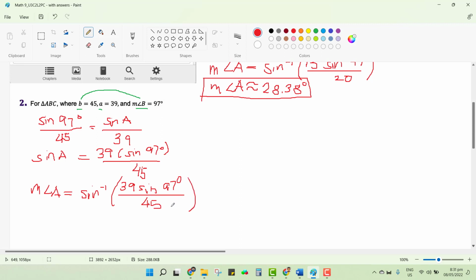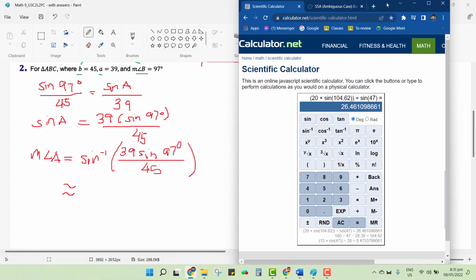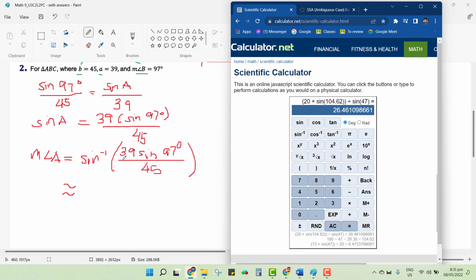Same as earlier, please make sure that we are approximating, so use the calculator when we input all of this. Click AC. You will have parenthesis 39 sine 97, close for the angle, close for the whole expression on the numerator, divided by 45.